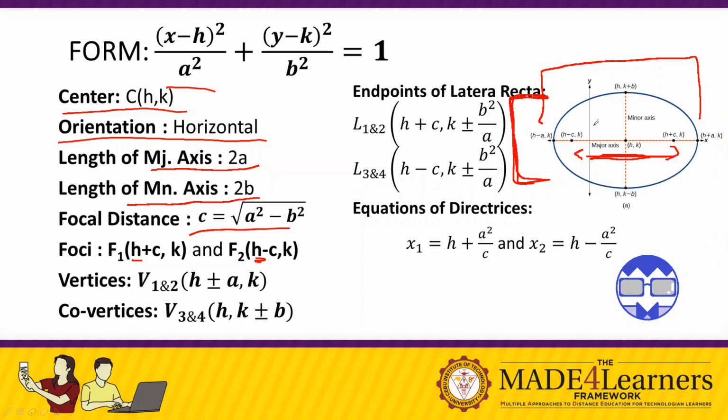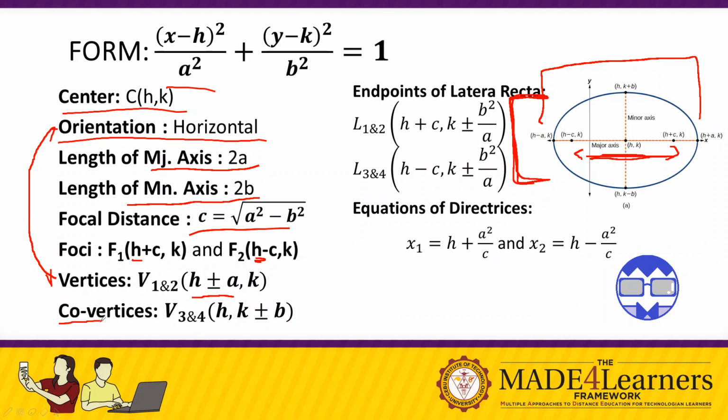So add and subtract c at h. Now the vertices. The vertices always depend on the orientation of the major axis. If the orientation is horizontal, you add a to your horizontal part. For vertical, it's the other way around.